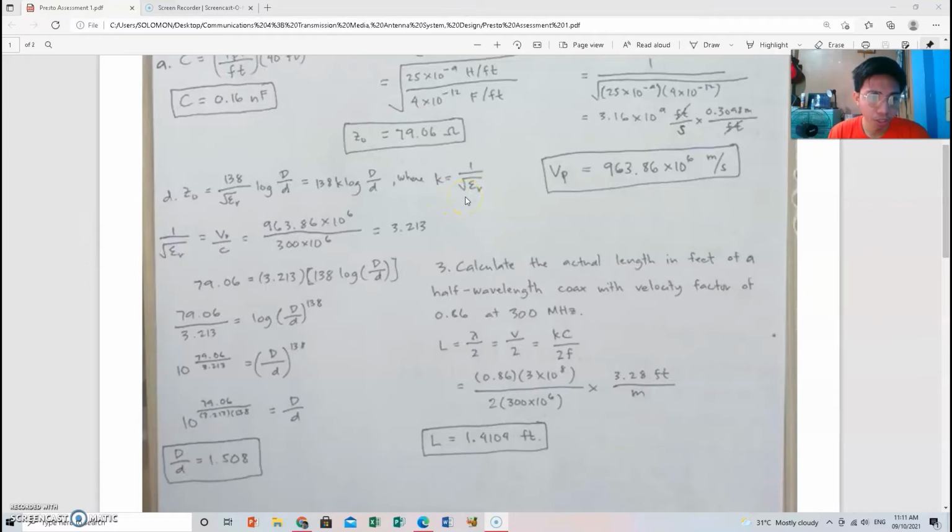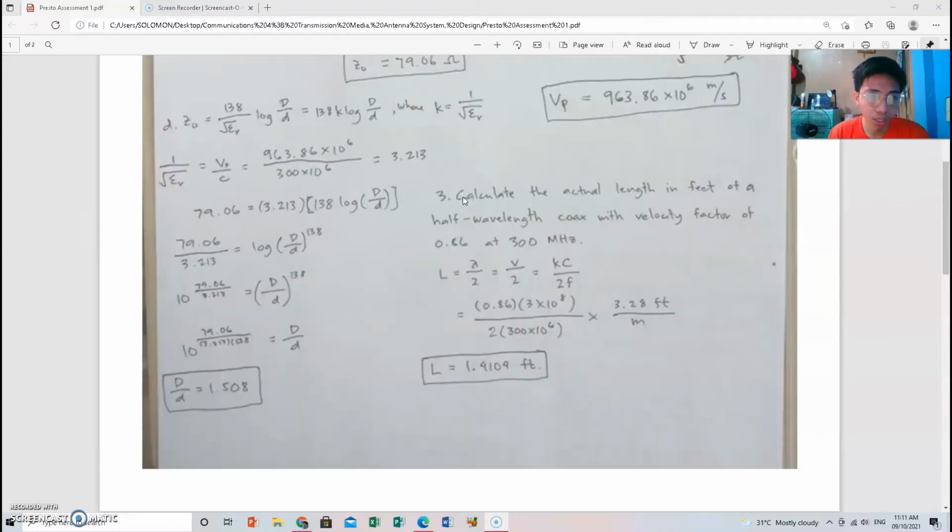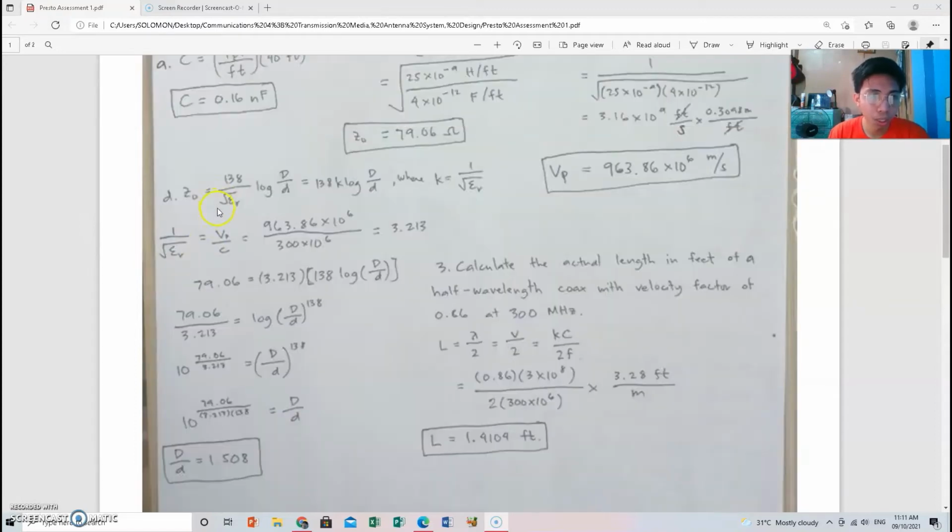So in order to calculate this one, we first need to calculate the k. So k, or 1 over square root of E sub r, is equal to the velocity of propagation over the speed of light, c.